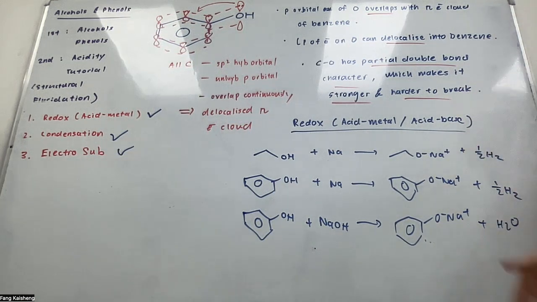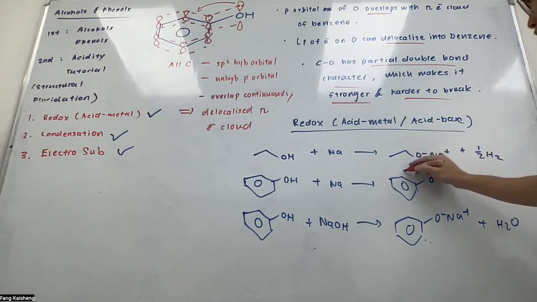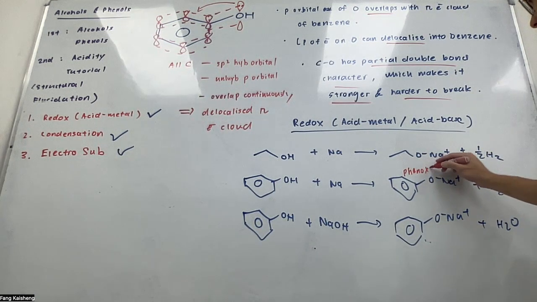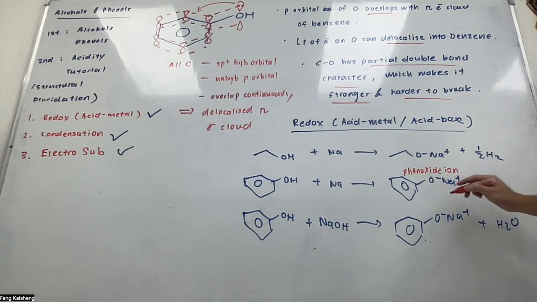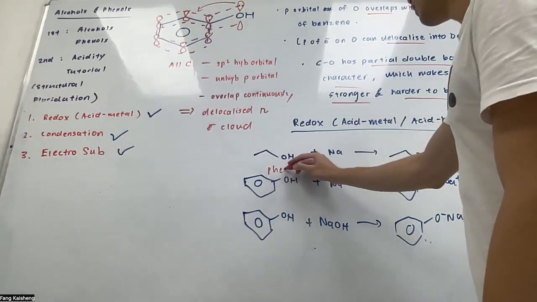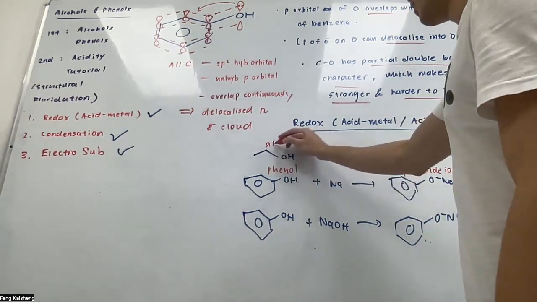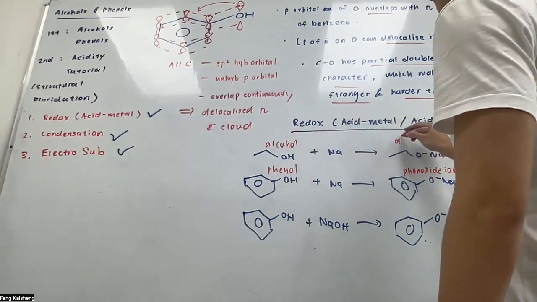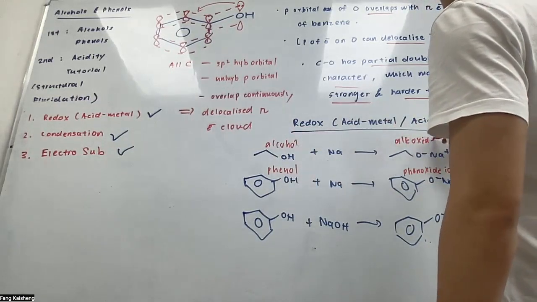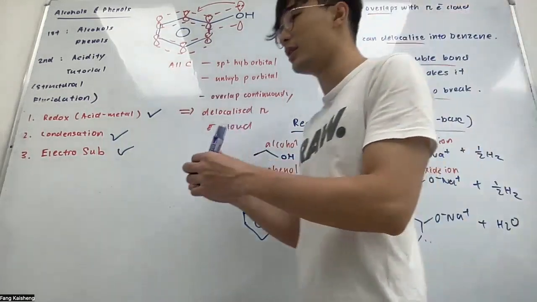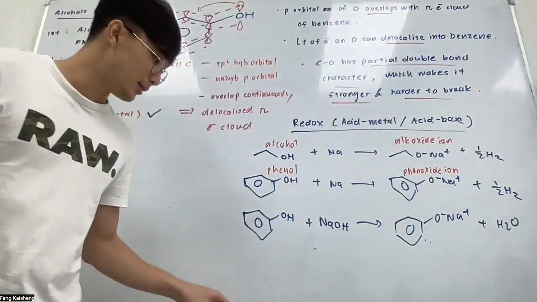Before that, you can call this the phenoxide ion. It's just its name. So it's called alcohol, then alkoxide; phenol, then phenoxide ion. I tell you first so that in the exam when you see it, you don't go, what the hell is this term?